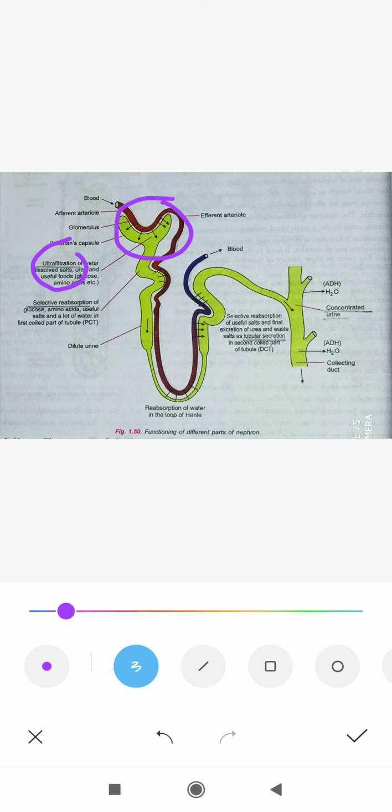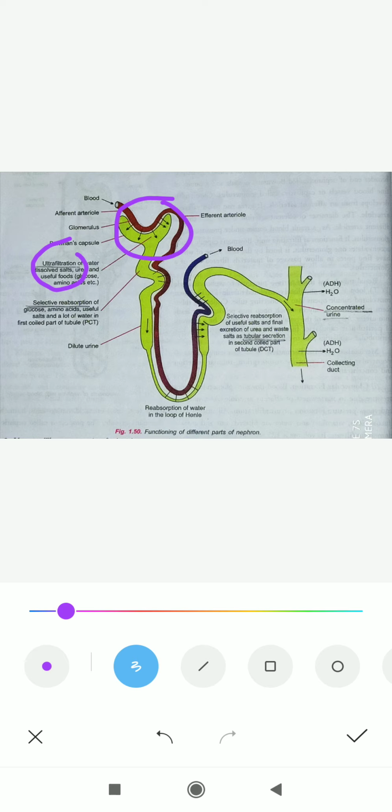It means the excretory waste present in the blood like glucose, urea, uric acid, amino acid, some unwanted hormones, water and other substances are filtered out from the region of the glomerulus to the region of the Bowman's capsule.